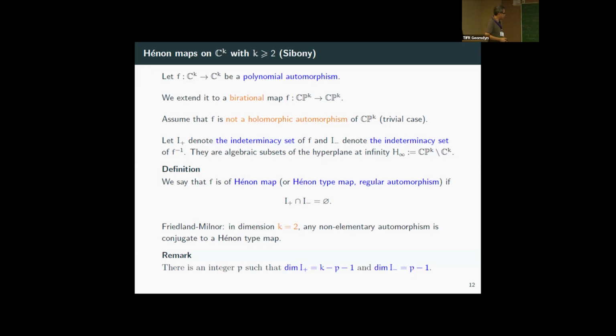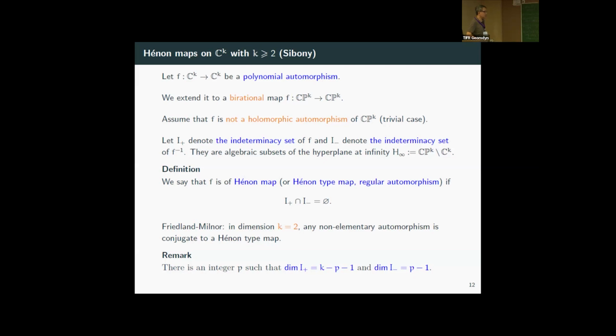So in dimension 2, according to Friedland and Milnor, any non-elementary automorphism is conjugate to a Hénon type map like that. So you don't have other interesting dynamical systems to study in dimension 2 for automorphisms, of course.